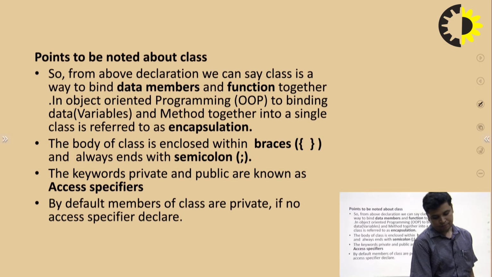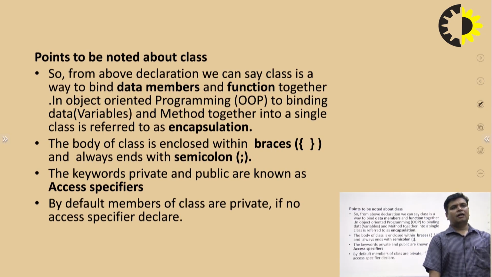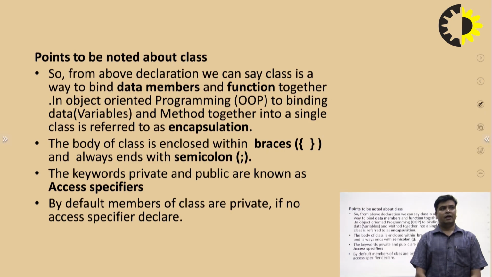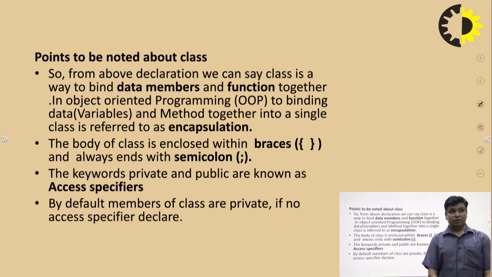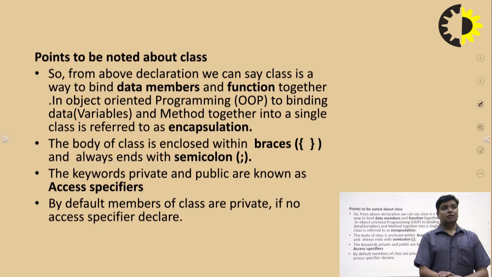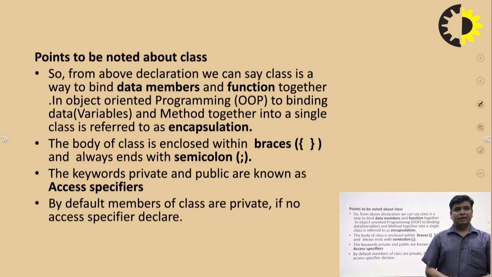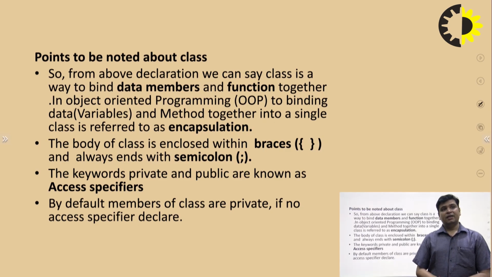Now, some points regarding the class are important and should be noted. From the previous declaration, we can say the class is a way to bind the data members and functions together.